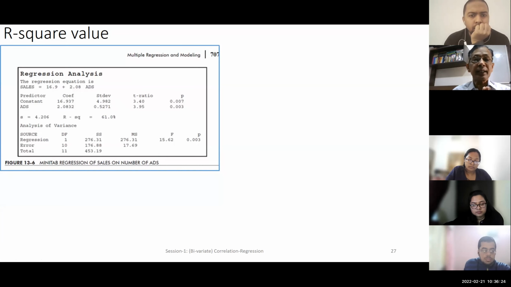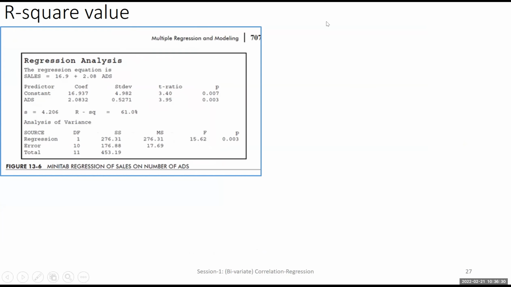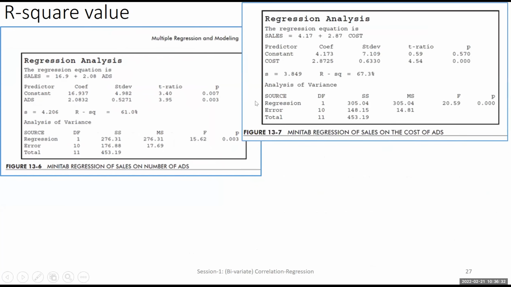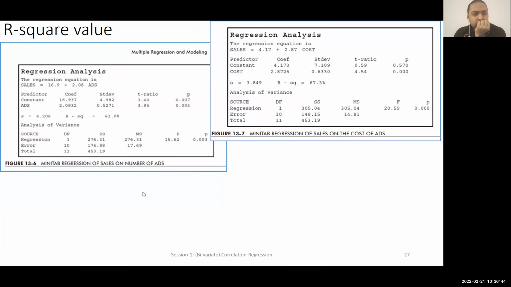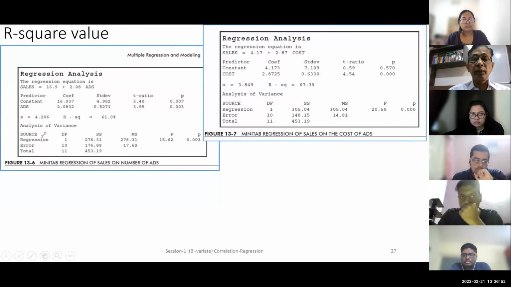It's a very important factor, and you find that it is also significant. Now, second, this is the number of times you are repeating the ad, and here is how much total cost this repeat involves. Trusali, what is R square in the second output? 67.3%. 67 is very high, good. So we'll conclude that yes, the second factor is also equally important.